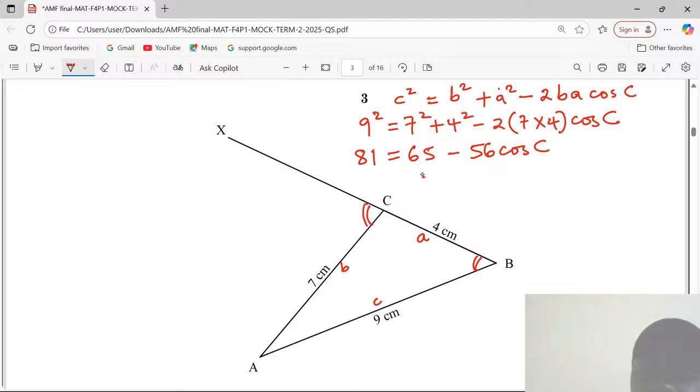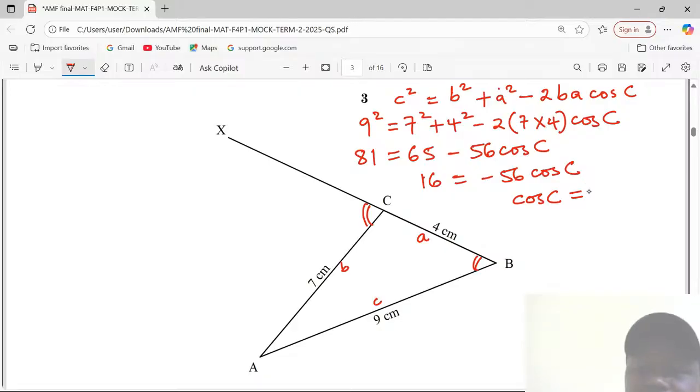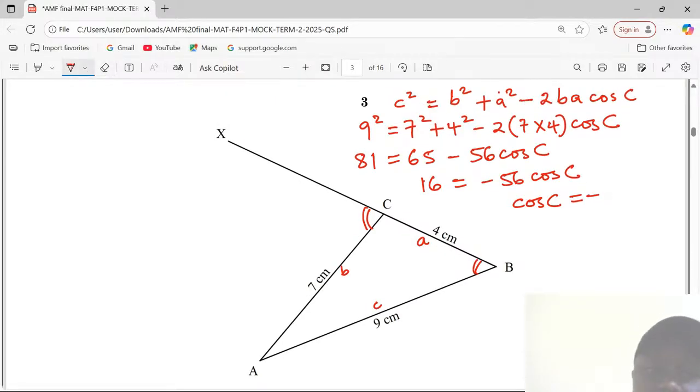This gives me 16 equals negative 56, the cosine of C. So how do I get the cosine of C? To remain with the cosine of C, I'm supposed to take 16 divided by negative 56. And this gives me negative 0.2857. I want us to be together up to that point first.